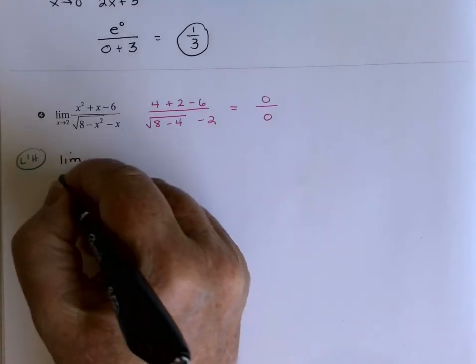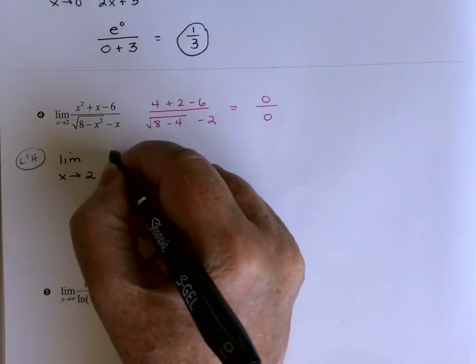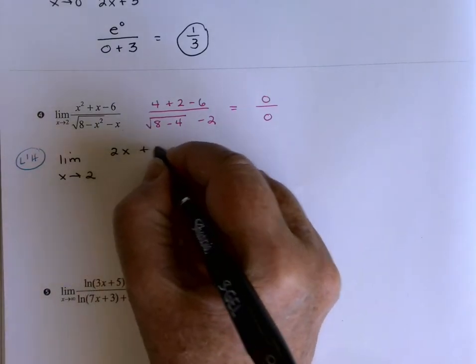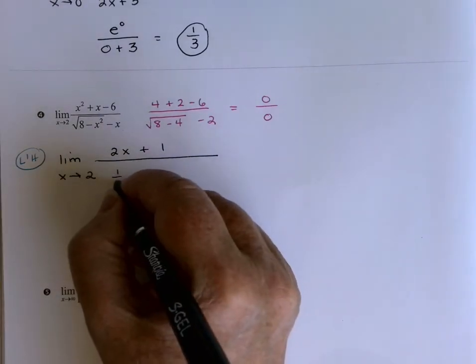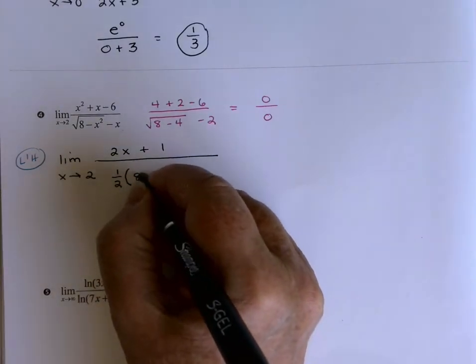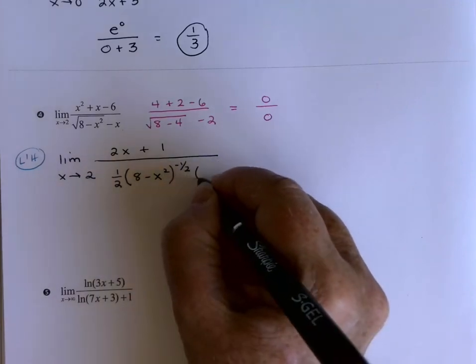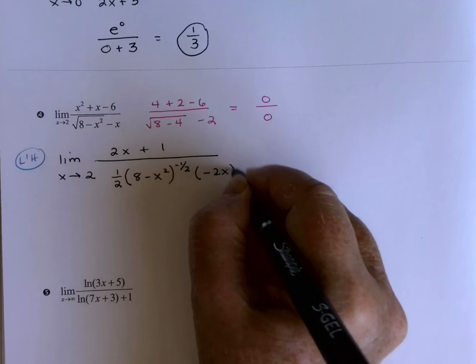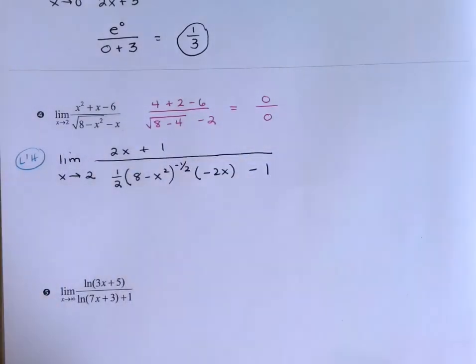So I'm going to apply L'Hopital's rule, take derivatives of the top and the bottom. Derivative on top would be 2x plus 1. And the derivative on the bottom would be 1/2, 8 minus x squared to the negative 1/2, times negative 2x for the chain rule, and then minus 1.